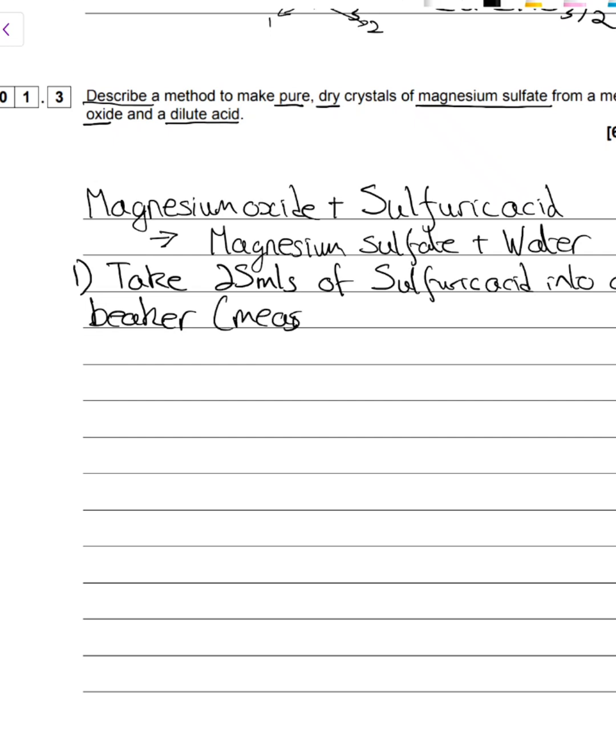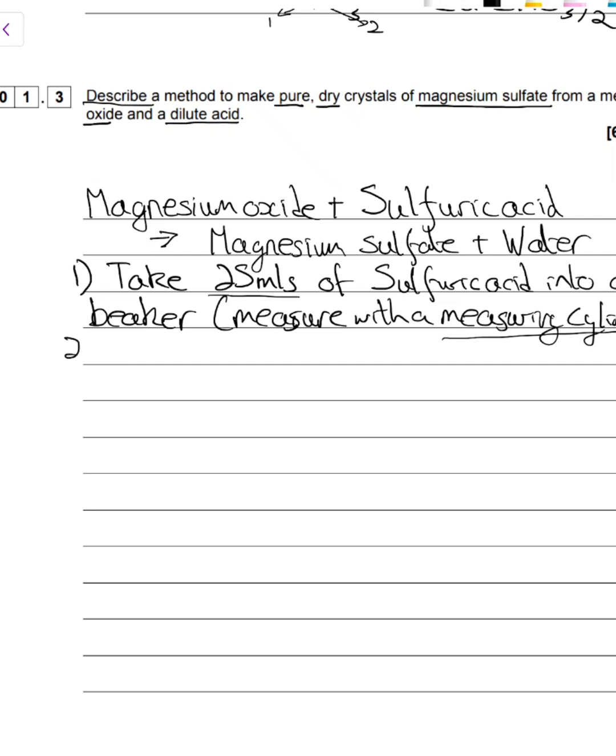Measure with a measuring cylinder. Important to state the devices you use. This 25 mils is not so important because you don't have to have the exact quantities. You can say 5, 10, you can even say 1. Might be a bit unreasonable if you started taking litres, but it's not actually that important to the question. So take 25 milliliters of sulfuric acid into a beaker, measure with a measuring cylinder.